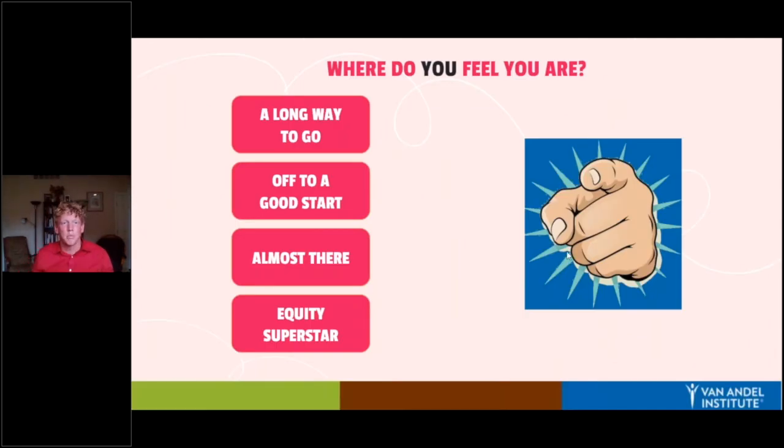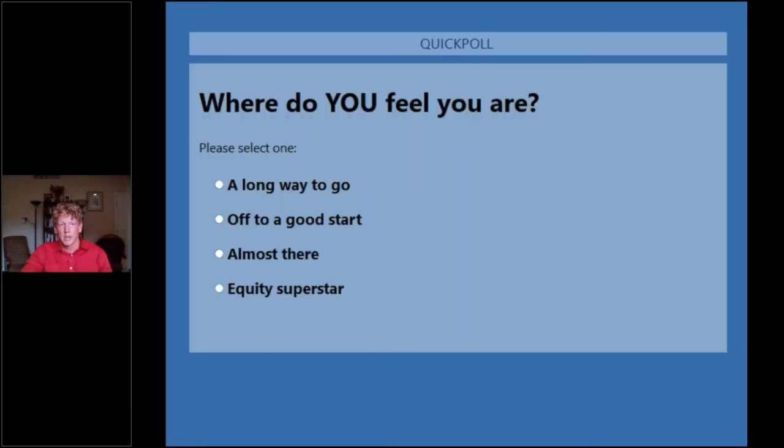Now, let's take just a moment to reflect. Education, teaching is a difficult job. And I know this was not something that I always did as well as I wanted to. Where do you feel you are on the equity continuum? Do you feel like you're just getting started, that you're off to a good start, that you've done a lot of work in this domain, or that you are truly an equity superstar?